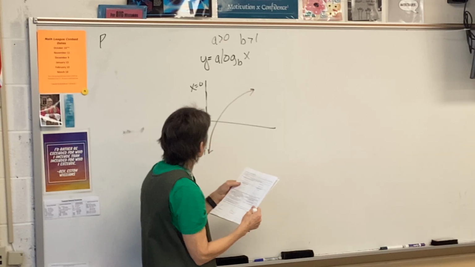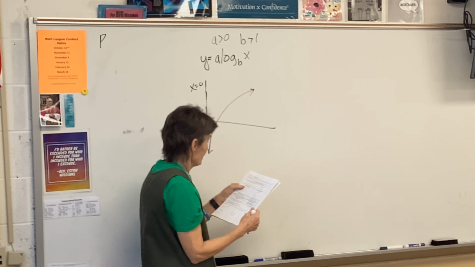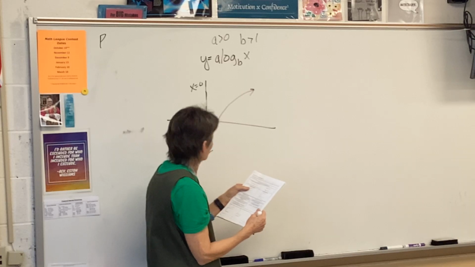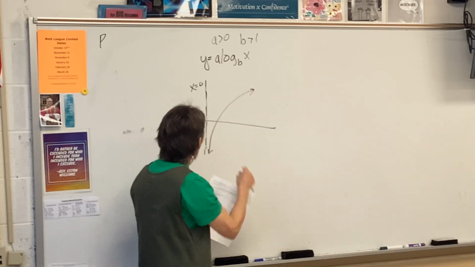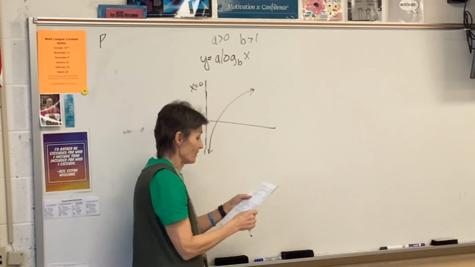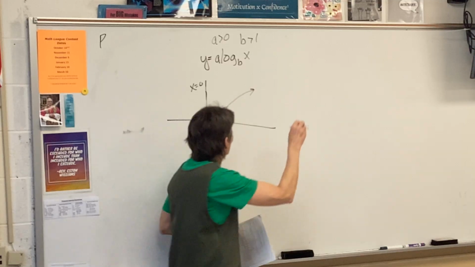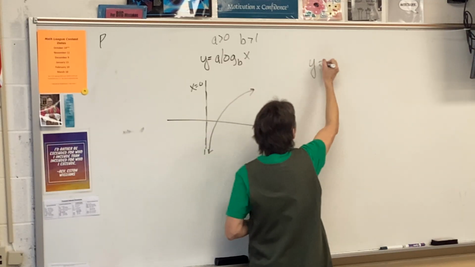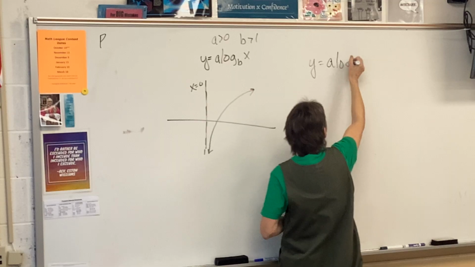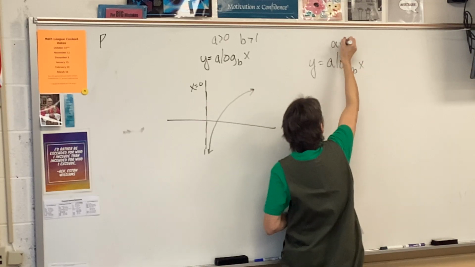Wait, do I have my letters right? Yeah. So as long as A is positive and B is bigger than 1, that's what it looks like. Now, what if, we just talked about it, what if we have A less than 0?